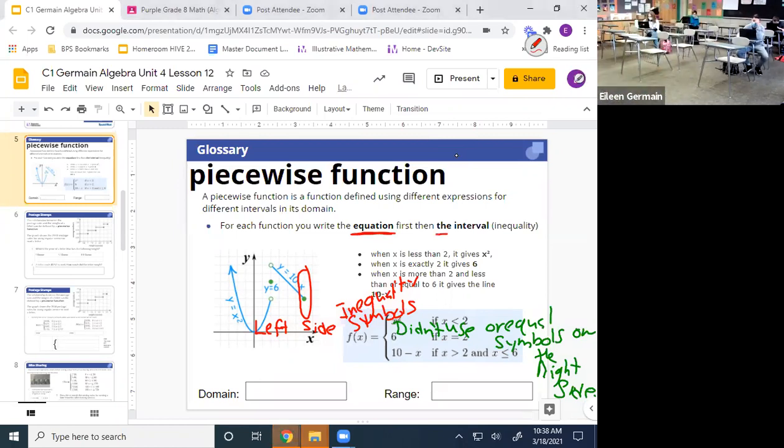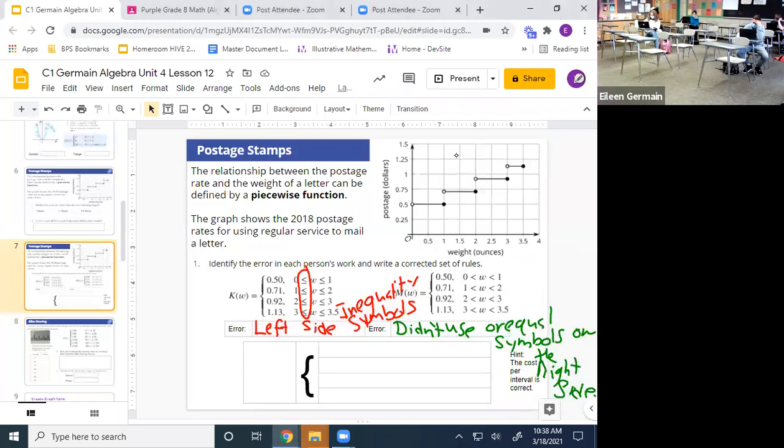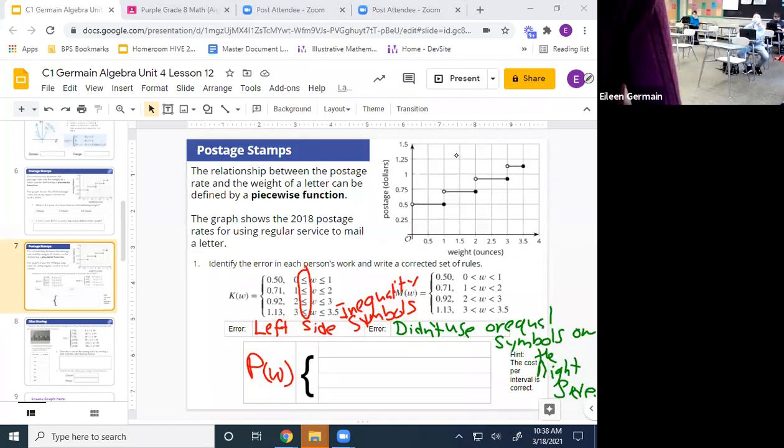And then it has to have the interval written as an inequality. So now I want you to go through and correct this piecewise function here, and we're going to name it P of W. I want you to rewrite this, making sure that you're putting commas after the equation piece of it, and then writing the intervals using the appropriate symbols.